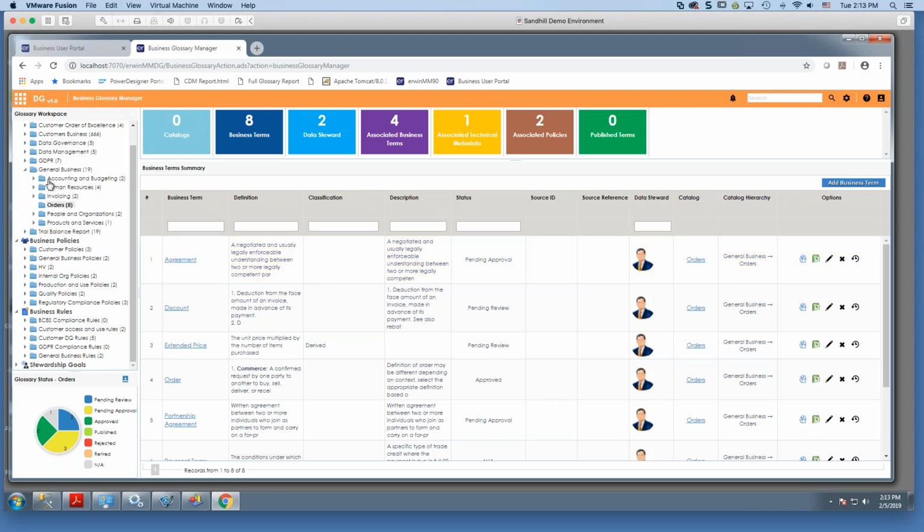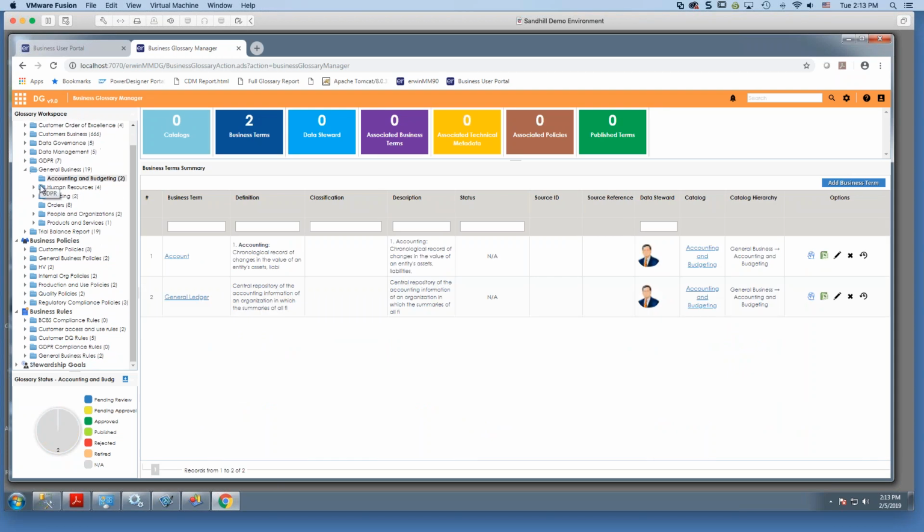So you can have a business term, let's say in accounting and budgeting, called account in one category or one classification. You can also have it in yet another one. And you have the ability to have different definitions based on that.